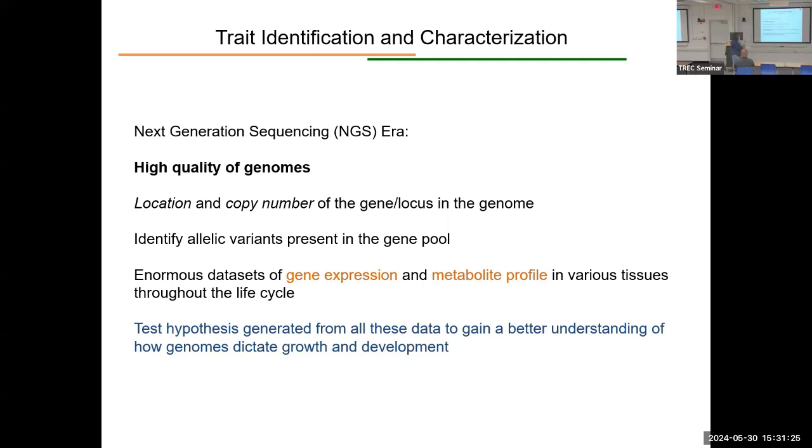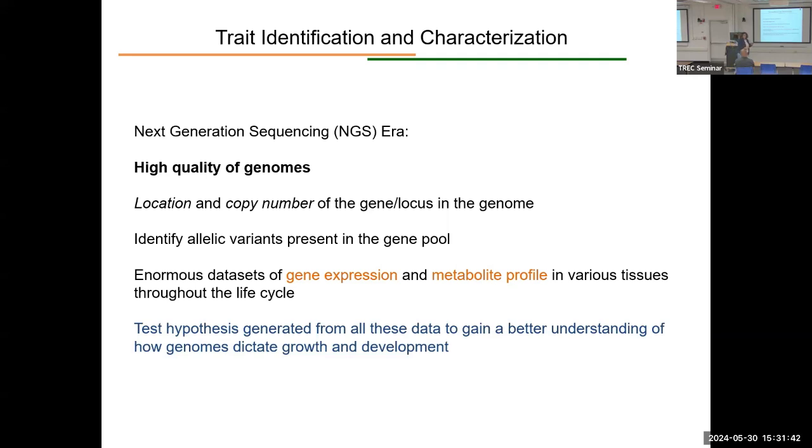So first, I need to be sure about the trait, like the flower color I'm working on. At the same time, I should be very sure about the gene which is responsible for that particular trait.